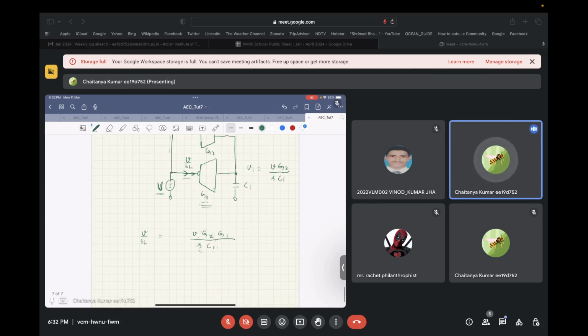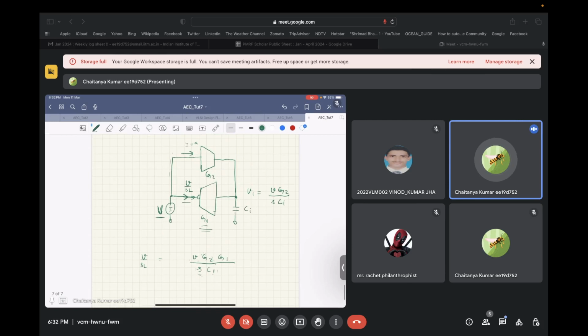So this particular block, I'll mark it in red, will emulate an inductor with a value L equal to C1 divided by G2 times G1. Is this clear?